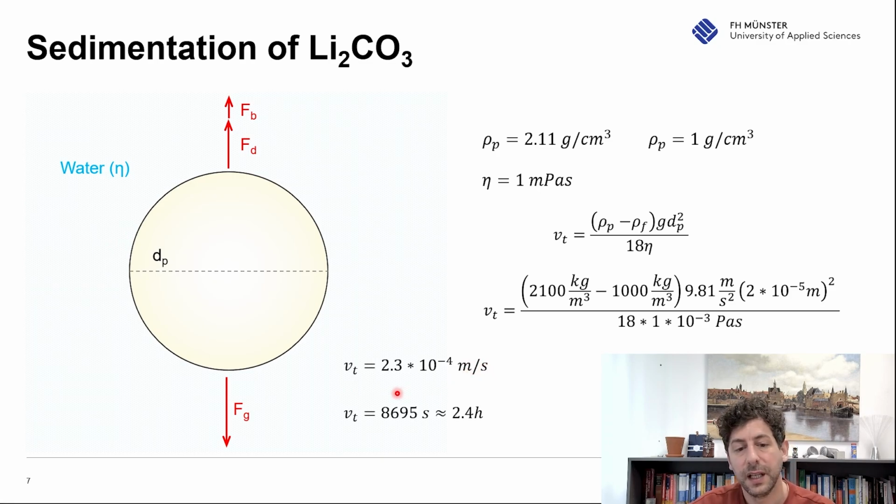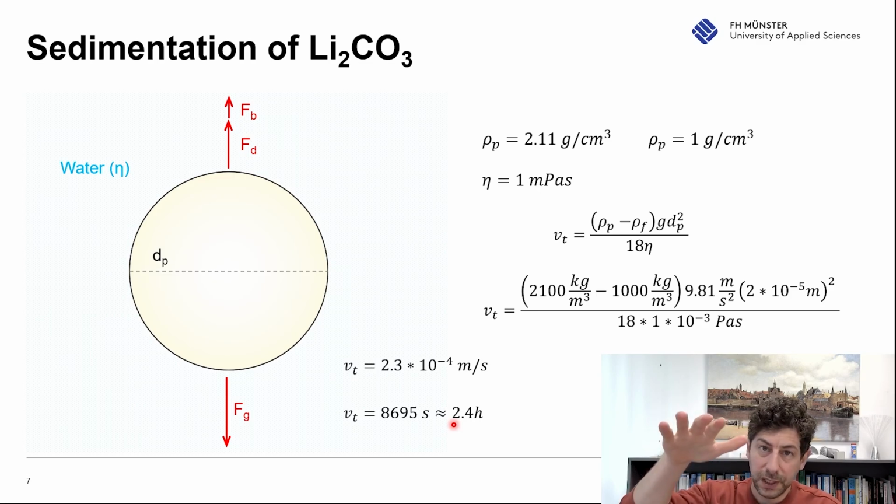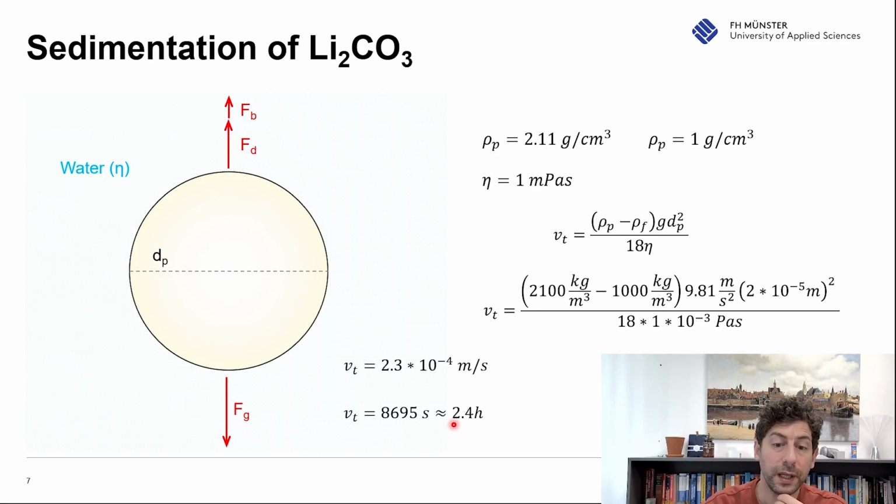This means that the settling time for 2 meters is more than 8,000 seconds, or roughly 2.5 hours. So if we precipitate lithium carbonate particles in the size of 20 microns, and we want them to travel 2 meters in a thickening tank by settling, it will take 2.5 hours for them to settle.